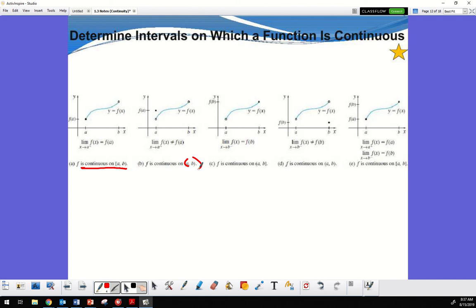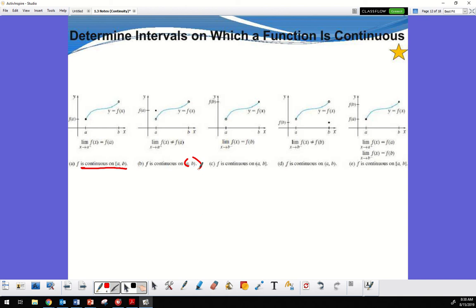It's not continuous at the end. So open, open, yes, is continuous, and there are no jumps or anything in the middle. Same thing goes here. So this one's going to be continuous from open A, closed B, so from here to here on that interval.